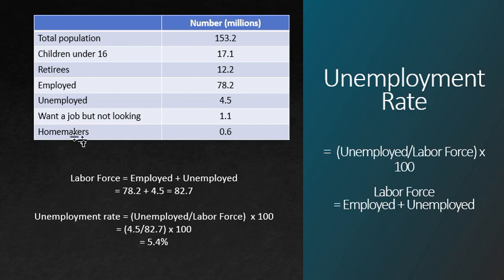So if we then take the unemployed, that 4.5, and divide by the labor force of 82.7, and then multiply that by 100, we're going to get 5.4%. So that's going to be our unemployment rate. So the unemployed divided by the labor force, multiply it by 100 to make it a percentage, that's 5.4%.